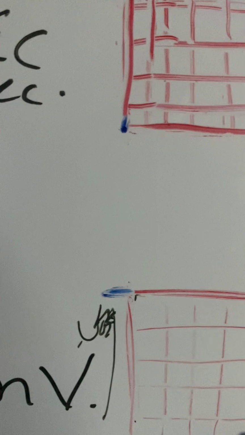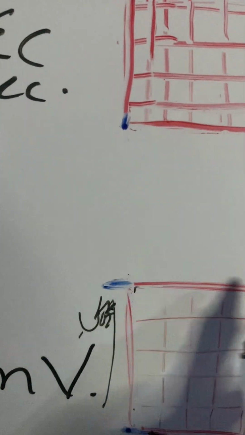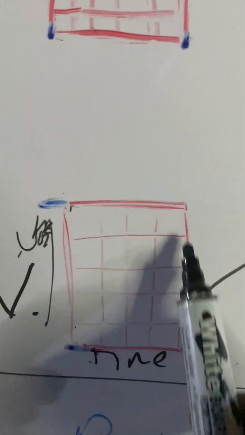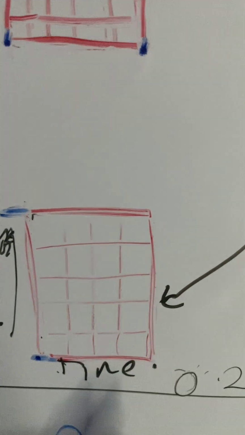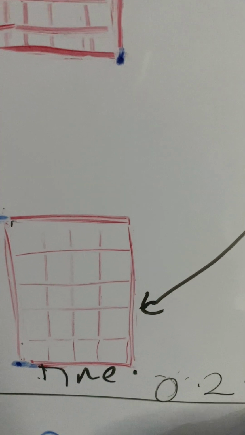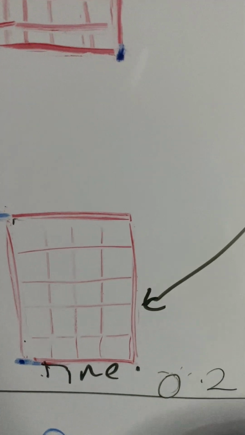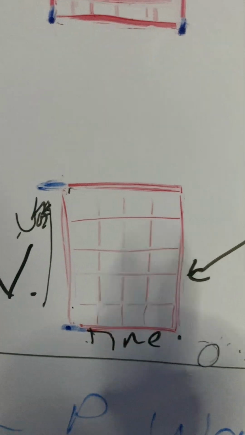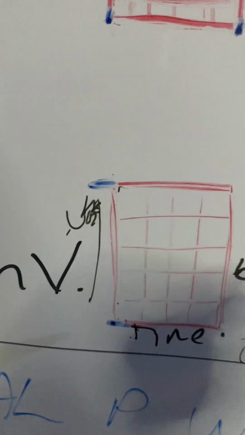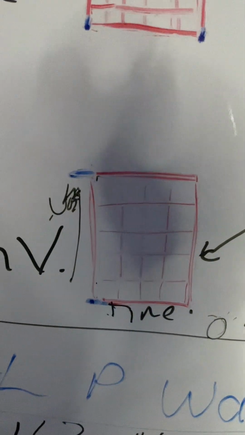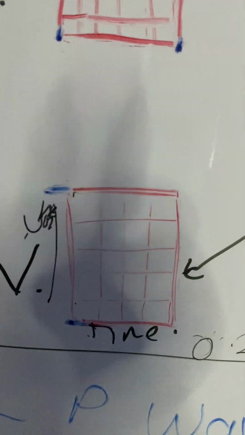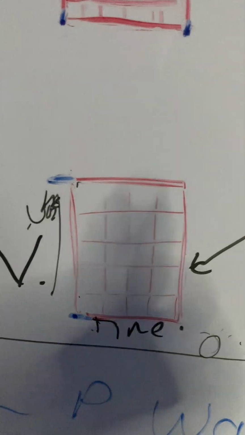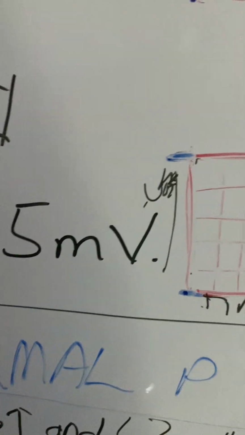If 5 of these small boxes is 0.2 seconds, how many of these big boxes do you think it will take for us to get to 60 seconds, which is 1 minute? And you know why 60 seconds is important, because we calculate pulse in 1 minute. All right, let's be thinking about that. We'll come back to that.